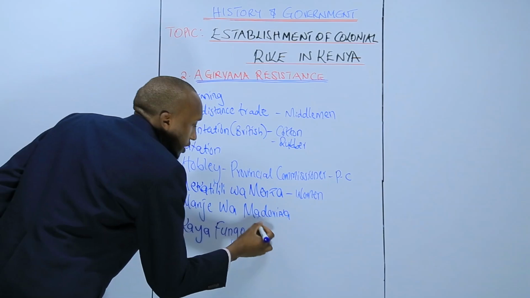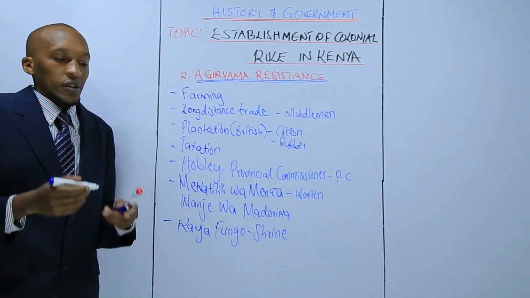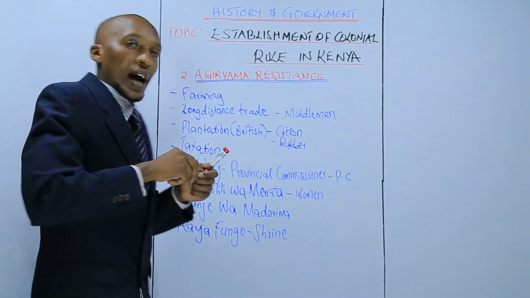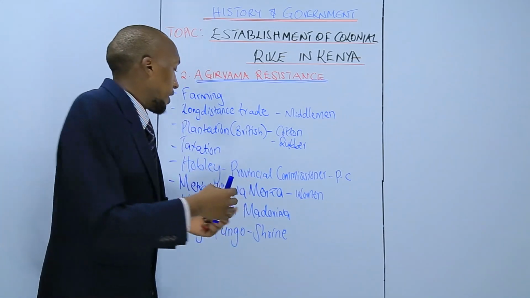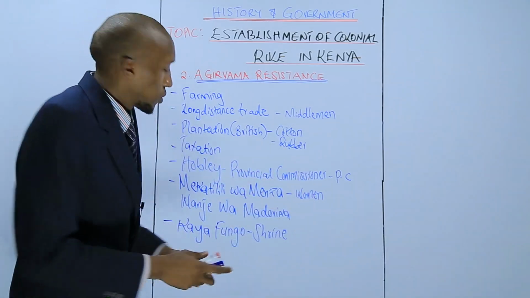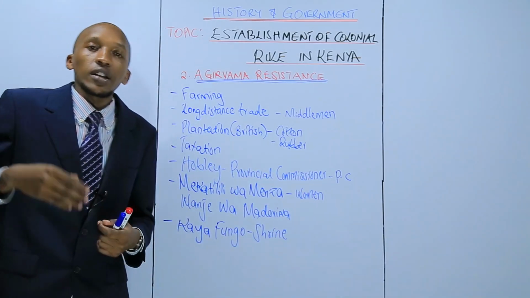This was a shrine that was revered by the Agiriama people. The leaders marshaled all the people to this Kaya, where they could sit down so that they could chart the way forward.